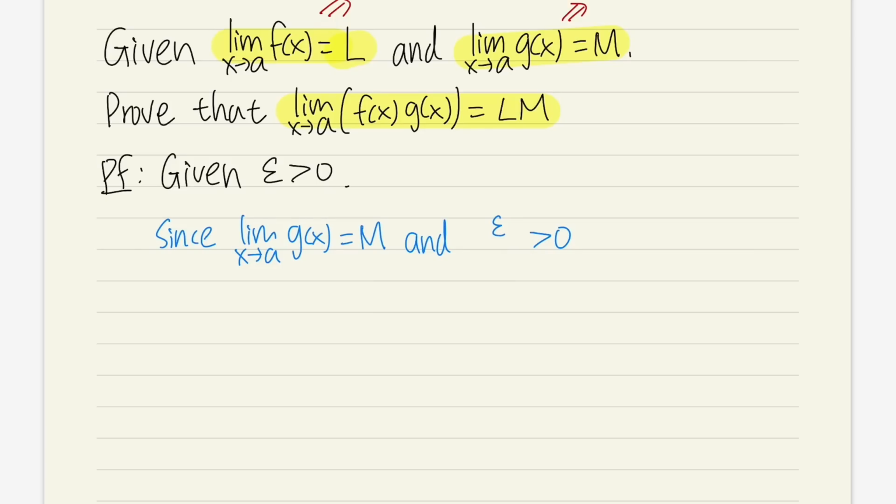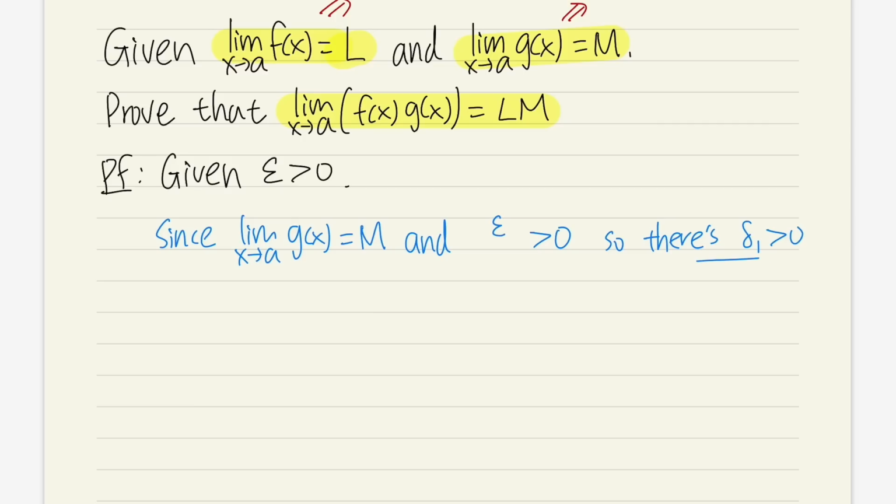So now we have these two things. So we know that there is a delta, but you know we have other limits coming up, right? So I'm just going to call this delta 1 greater than 0. And because this limit exists, this delta 1 must exist already. And then later on for other limits, I'll use delta 2 or whatnot.